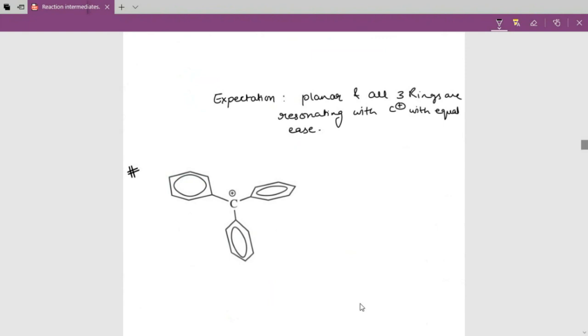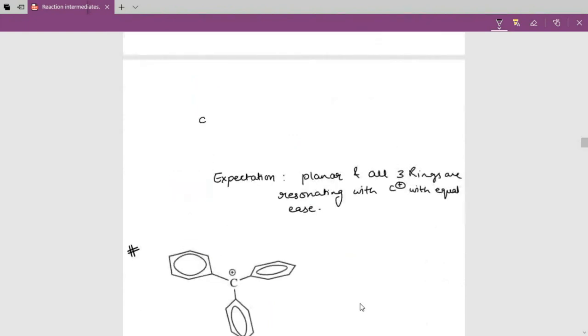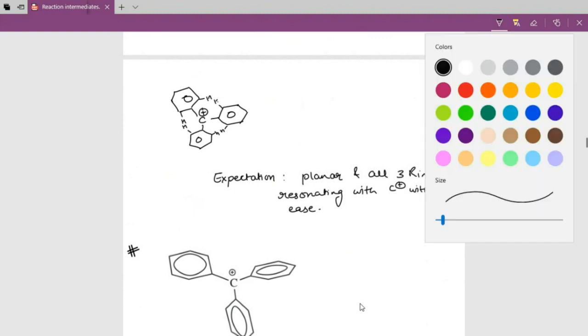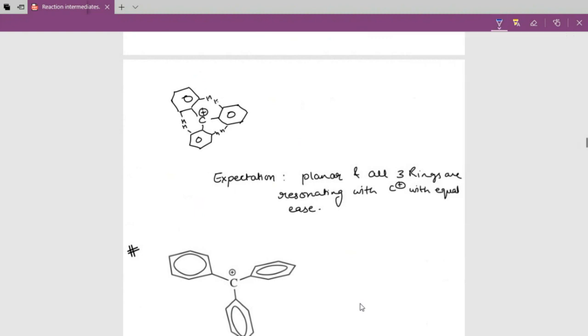Why? See, if I make a C plus and these 3 rings like this, then their hydrogens will head like this. As a result of this, there will be high repulsions.